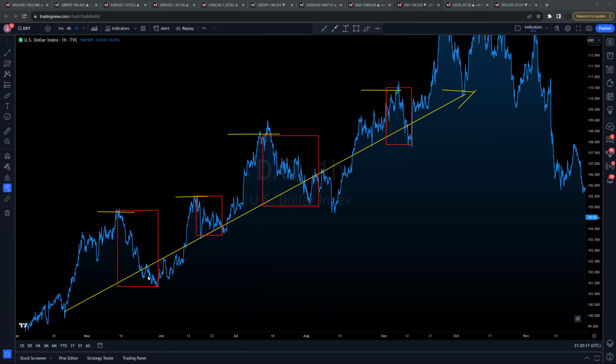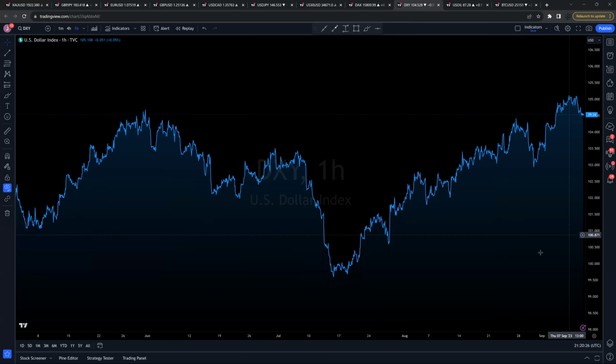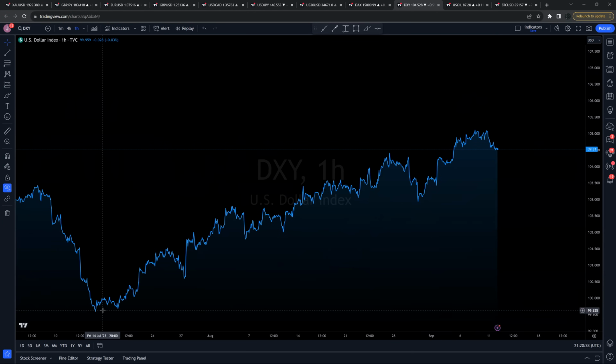This is very normal on dollar movement. Aggressive pullback waves.